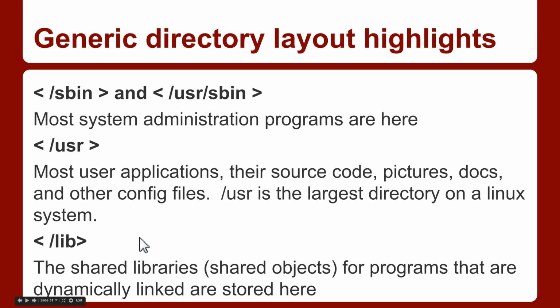And /lib is where the shared libraries and shared objects for a program are located. If you're not familiar with the concept of a shared library, they're similar to dynamically linked libraries in Windows, if you're more familiar with that. When you compile a program, you can compile it either statically or dynamically.